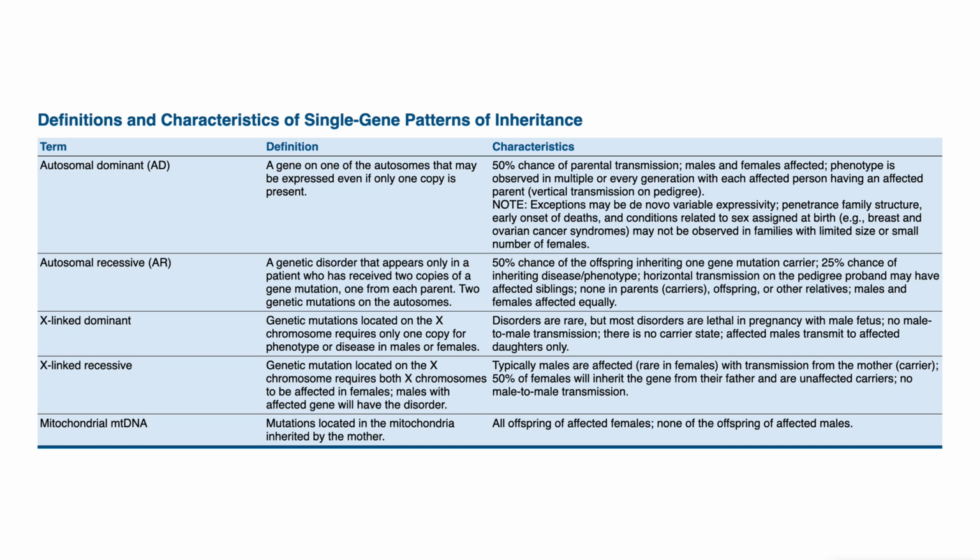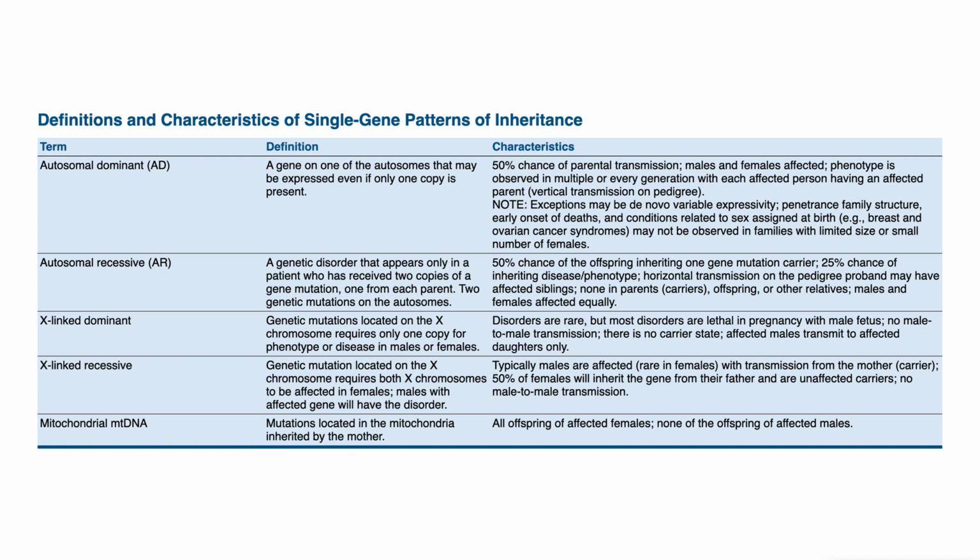So we said the dominant is you only have to have 1 copy of the phenotype. So in a female offspring, there would be 2 X chromosomes, 1 from the mother, and it is enough for that to happen to create the disease.